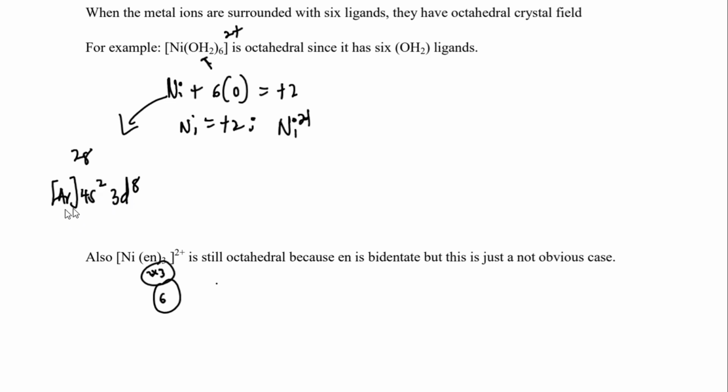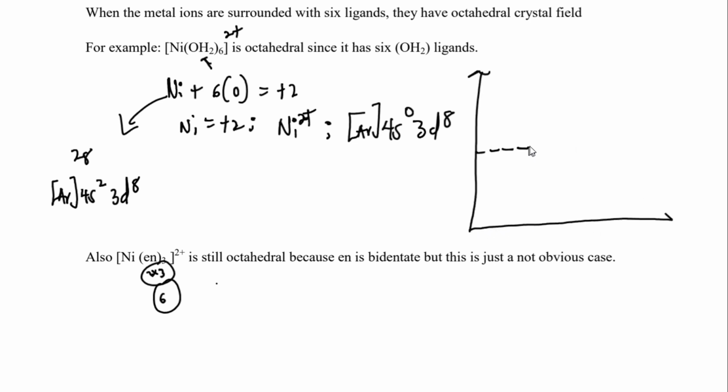This 10, this 20 and 28. But this becomes Ar 4s0 because you're losing 2 electrons. This is where you lose 2 electrons, from s first, right? And then we'll now have 3d8. If you are losing 3 electrons, you lose from here first before you start losing from here.